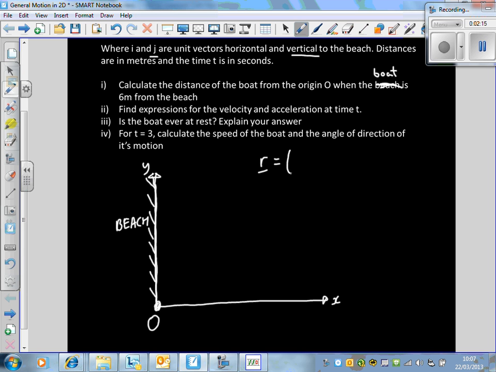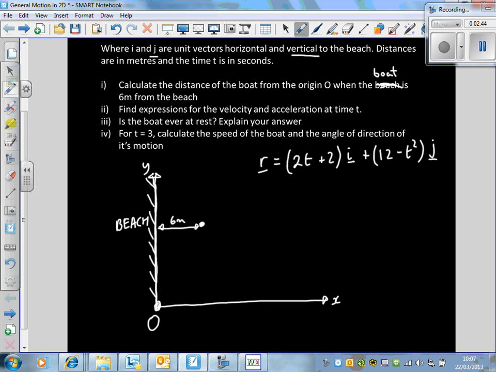And the expression r is equal to 2t plus 2 i plus 12 minus t squared j. Now, 6 meters from the beach, the particle is going to be here, and this distance is going to be 6 meters.